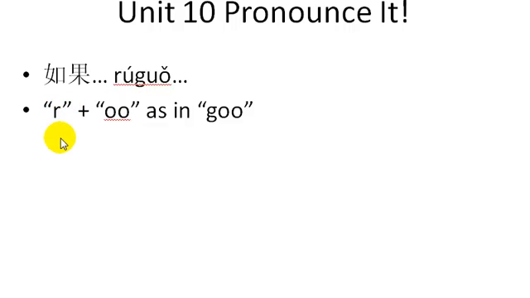And it's a second tone rising. 如果. And that's if, remember? Then you insert the condition, and then 的话. 如果你喜欢学中文的话, right? If you like to study Chinese.